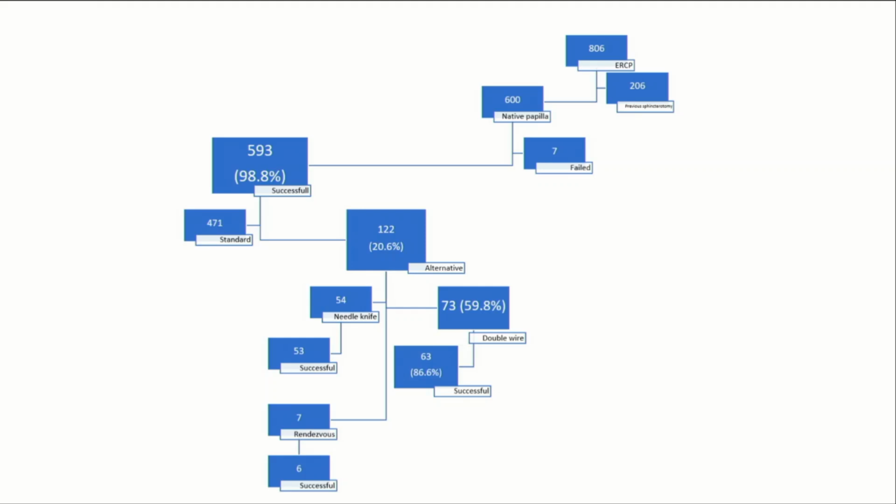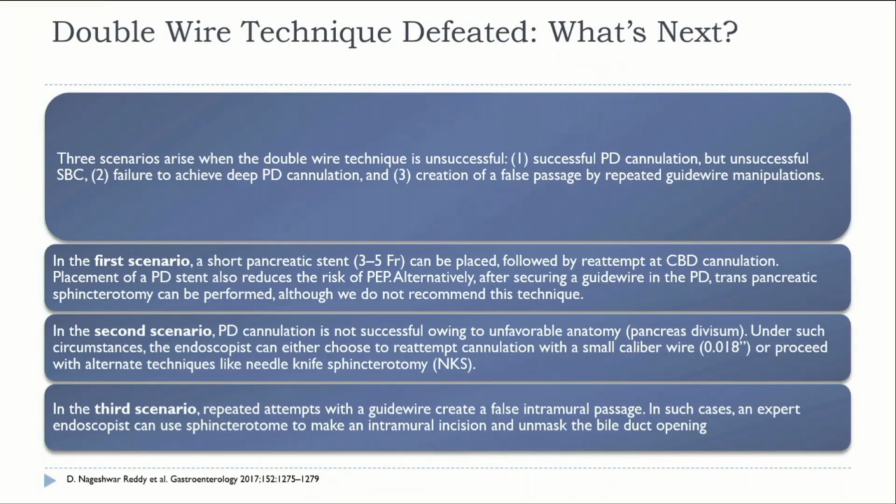Out of the 20%, 60% was with a double guide wire technique, with success of 86%. The rest required needle knife or rendezvous. So this is a very useful technique, the double guide wire, and doctors who perform ERCP should be familiar with it.